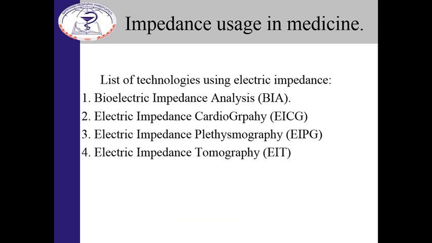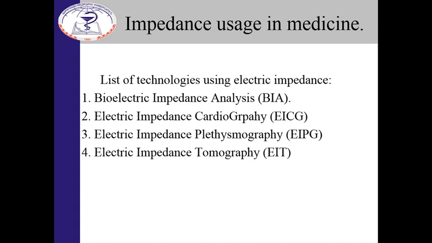Now we will go toward the four technologies that are used in the medical field, and all of these technologies are based on one physical action. We're going to measure the impedance of the whole human body or some particular part of it, some particular region, it doesn't matter.